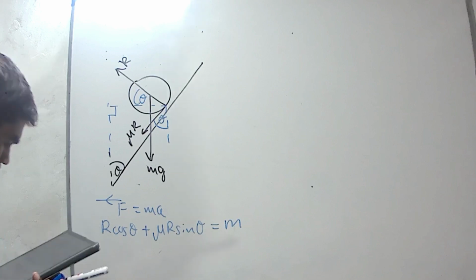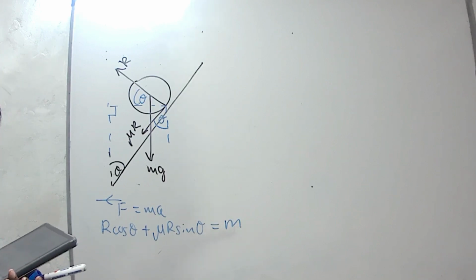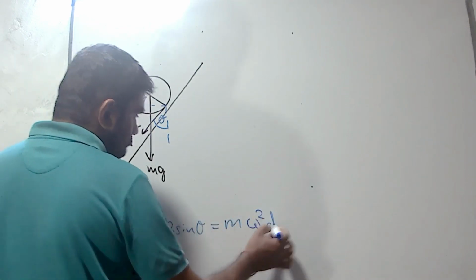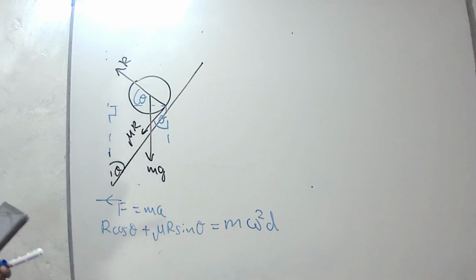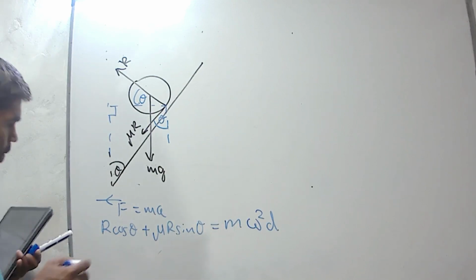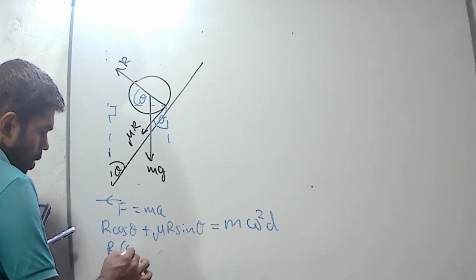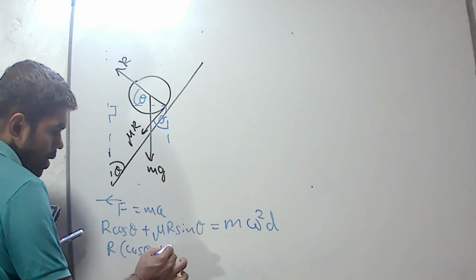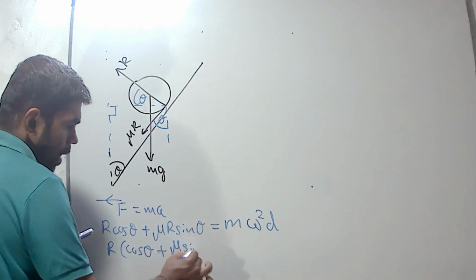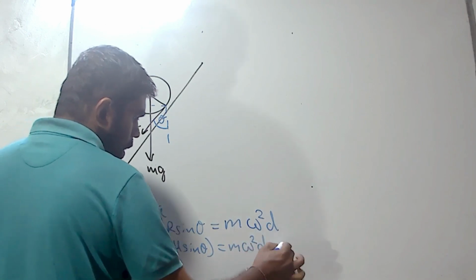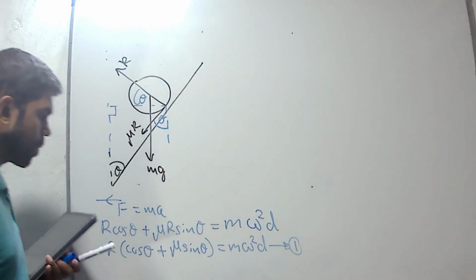We can substitute it as omega squared r, and r means d. Now I will take R as a common factor: R (cos theta plus mu sin theta) equals m omega squared d. It is the first equation.